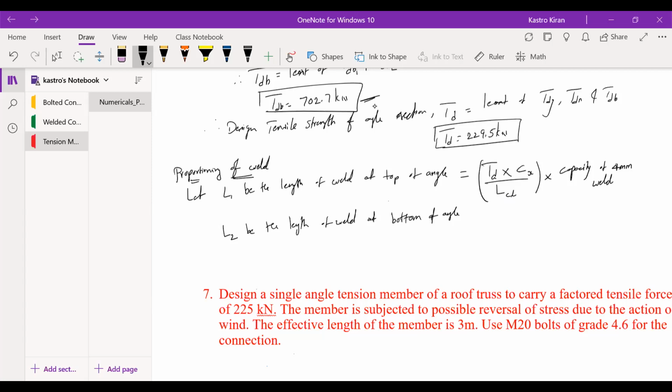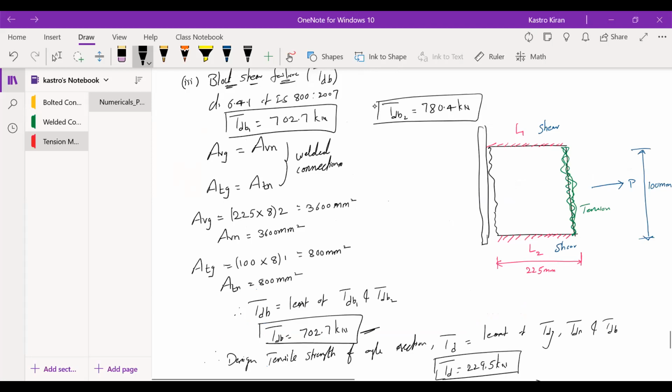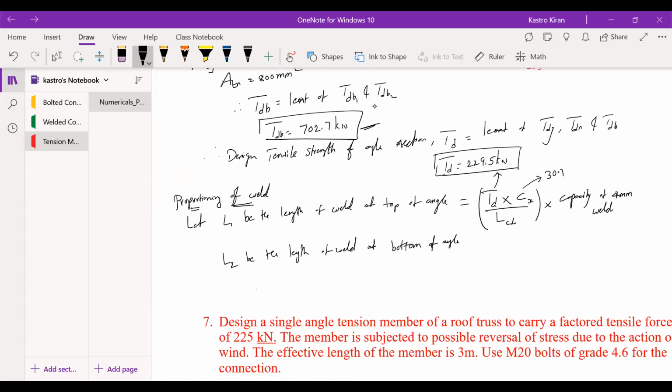Now here you know the TD value, and you obtain the center of gravity from the steel tables book that we have already taken down, which is 30.1, that is the Cx value. And the length of connected leg we also know, which is 100 mm.